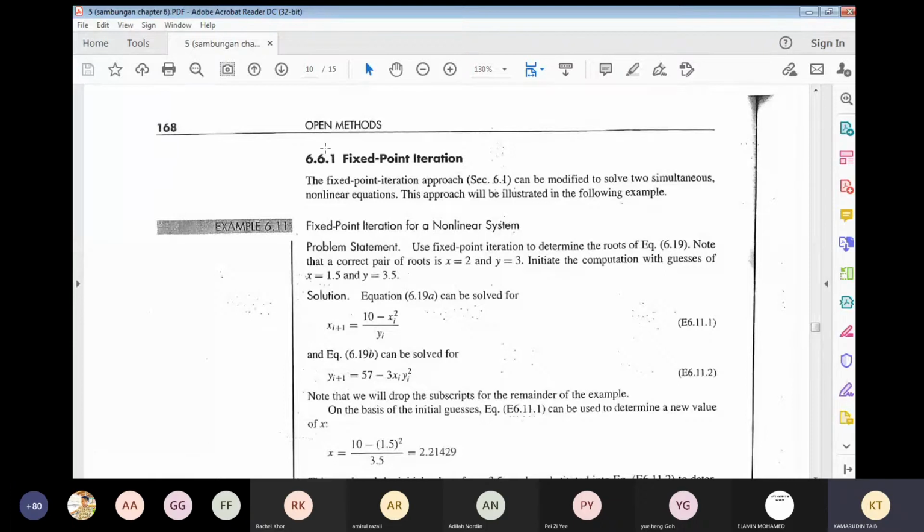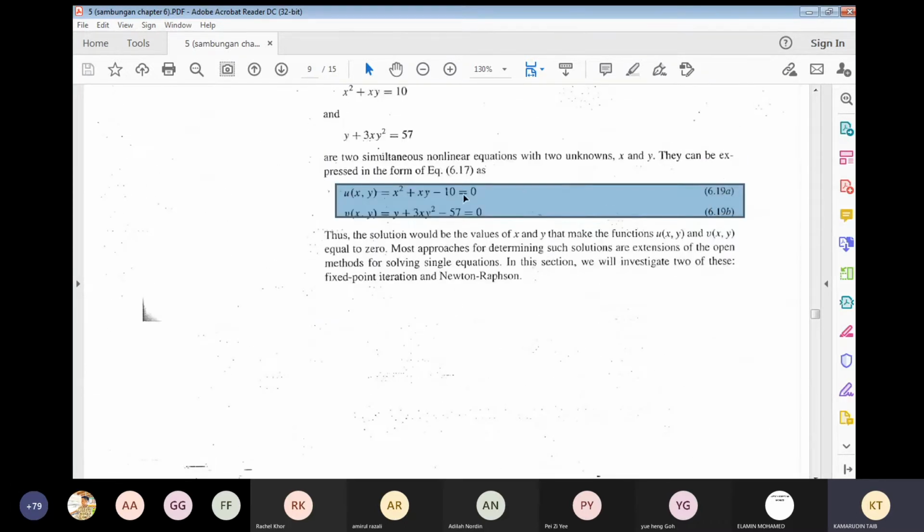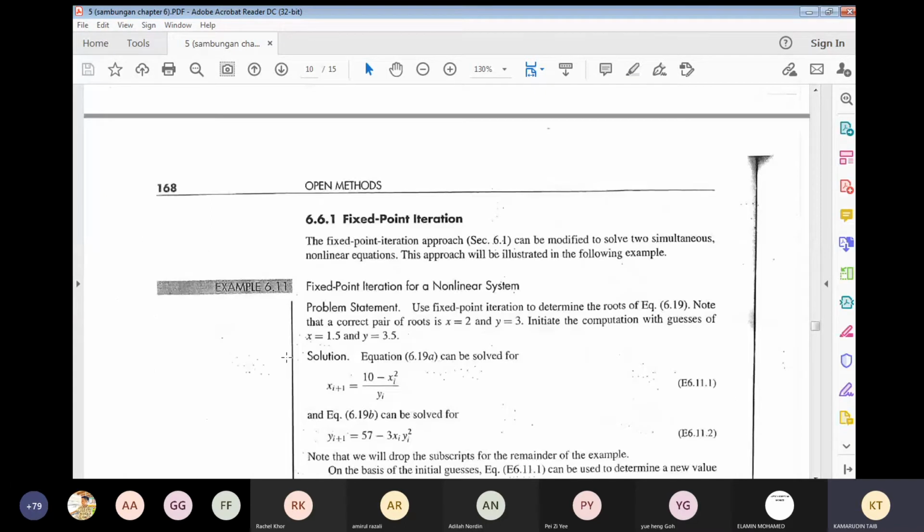Looking at equation 6.19a, we can write x equivalent to 10 minus x squared, or in other words x i plus 1, with the subscripts i plus 1 and i.